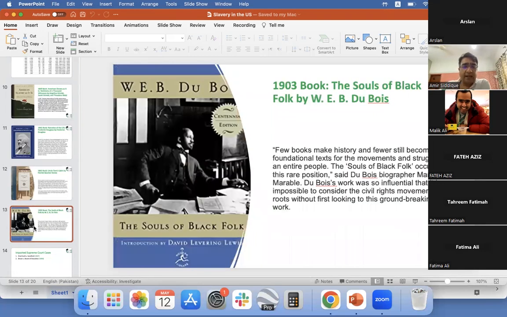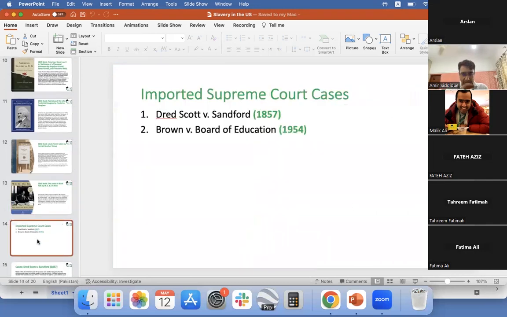And then in 1903, I am now at 1903, obviously fast-forwarding after the Civil War, W.E.B. Du Bois was also a very influential, famous African-American leader. His book, The Souls of Black Folk, has its importance as well.